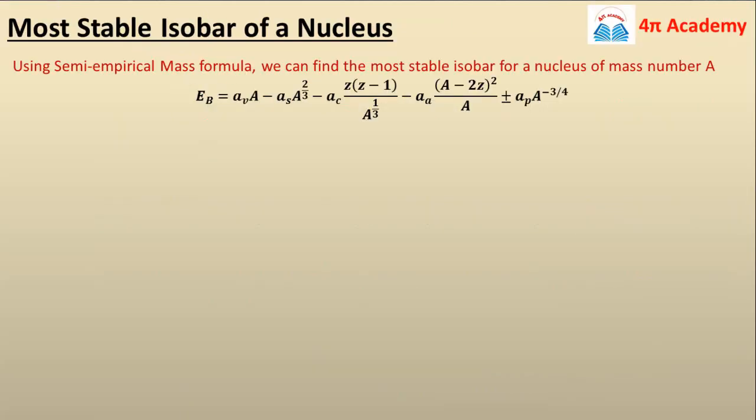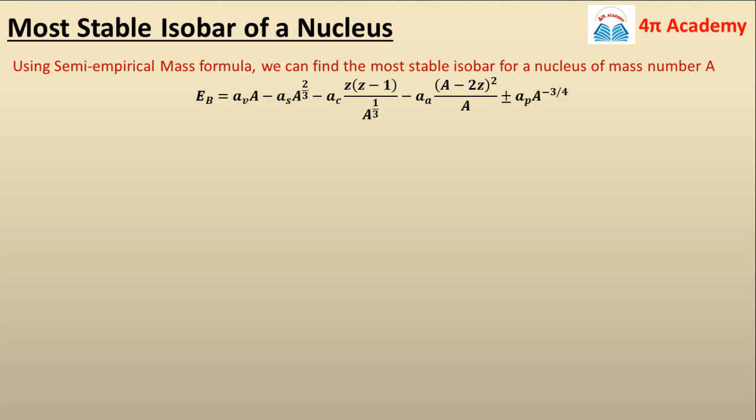Okay, so now we are going to discuss the most stable isobar of a nucleus. We will use the semi-empirical mass formula to calculate the most stable isobar for a particular nucleus. In mathematics, you know how to find the stability condition.